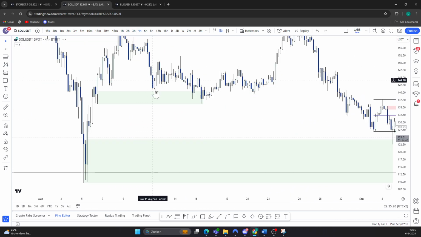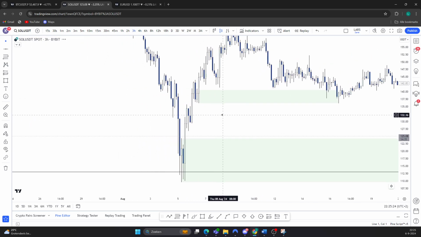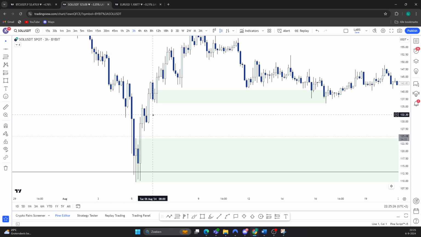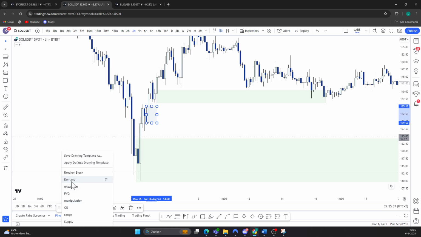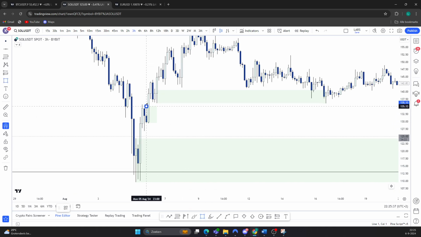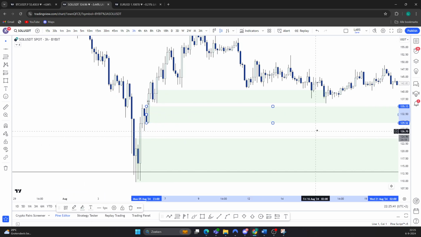Now let's check this entire move towards the upside more. I can see on the 3-hour right here that we have some sort of bullish order block. Again, last downwards candle before the expansion up, leaving a fair value gap right here. So this is a bullish order block.